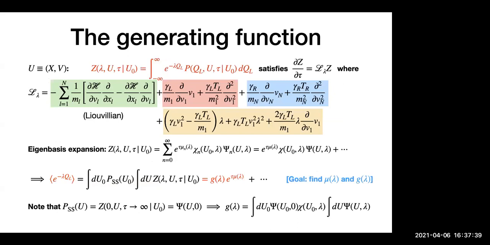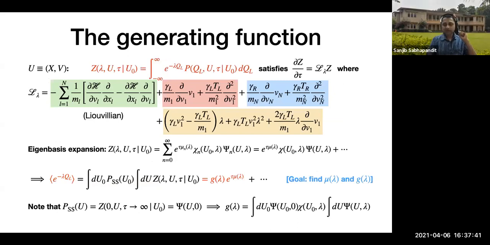So now this is your differential operator, as I told. And just like the Schrodinger equation, you can expand this in the eigenbasis of this operator. It has discrete eigenvalues, mu n, and these are the corresponding right and left eigenvectors.